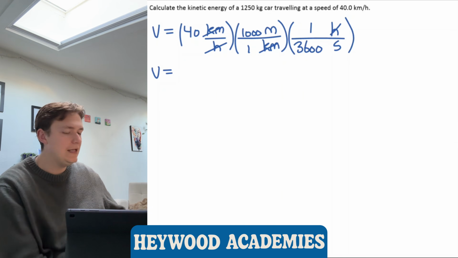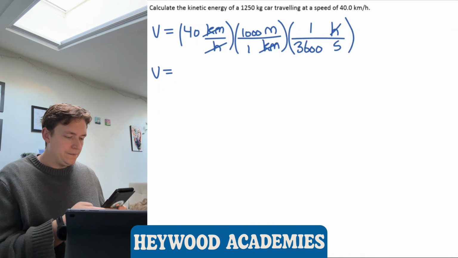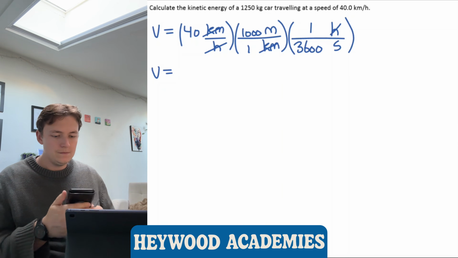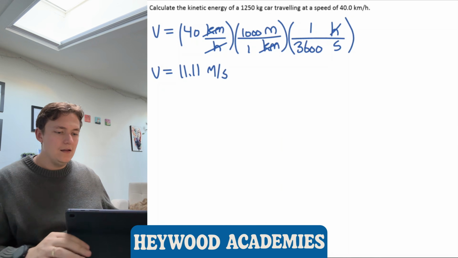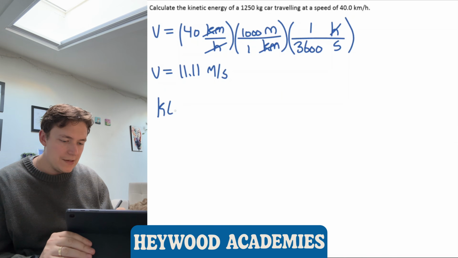So we take that speed, multiply it by 1,000, divide it by 3,600, and we'll get 11.11 meters per second. Now our equation for kinetic energy is going to be 1/2 mv squared.